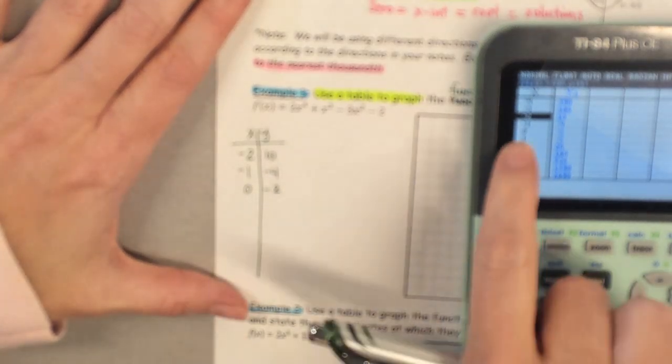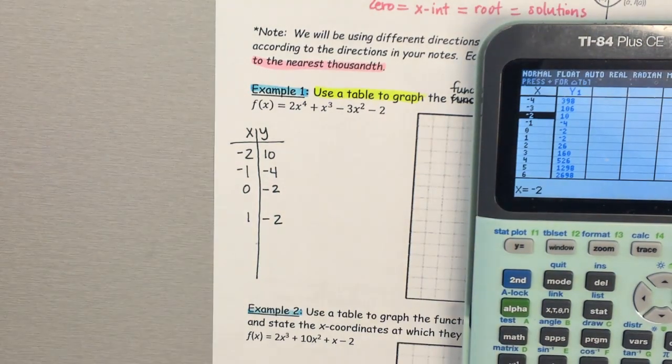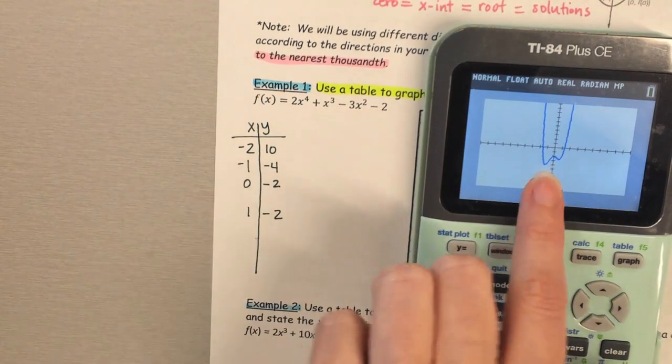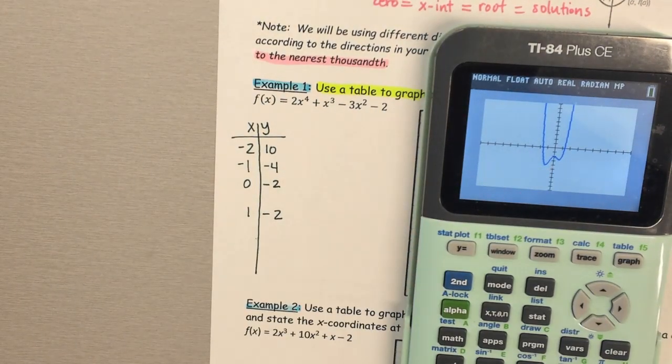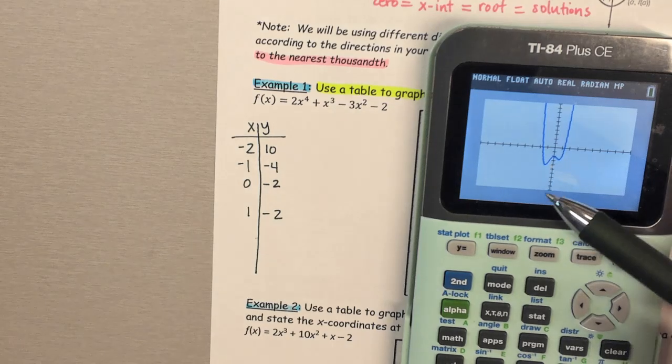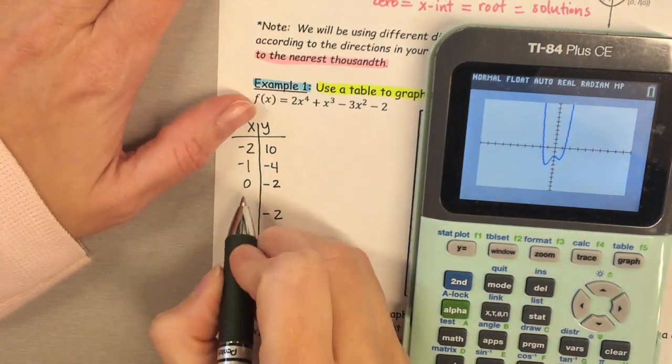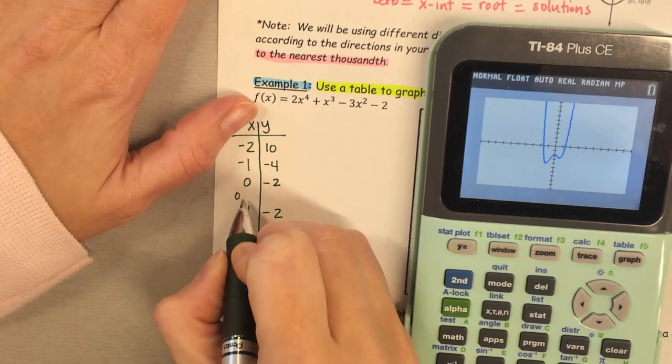Now do you see the 0 and the 1 are at the same place? Look at what our graph looked like. Are there any straight lines in that? No, there's no constant term. Okay, so this is like a small little curve there. So it's going to be helpful for us to find what's in between them.